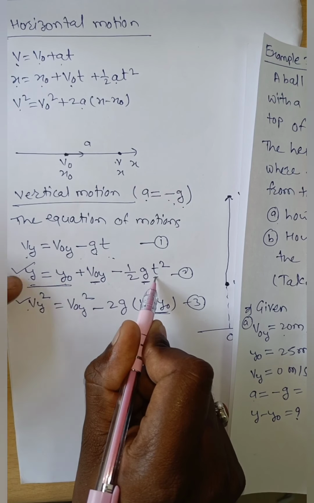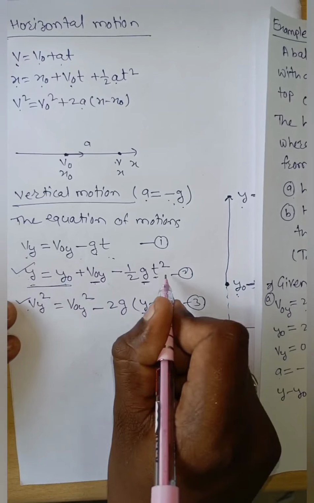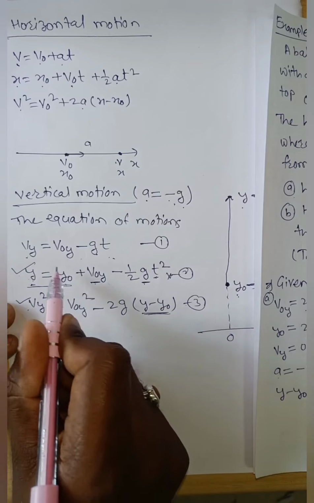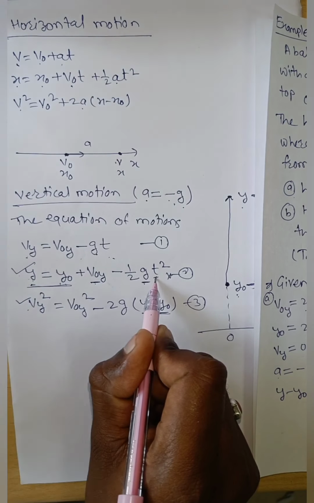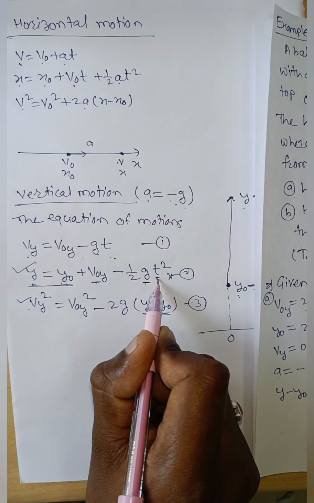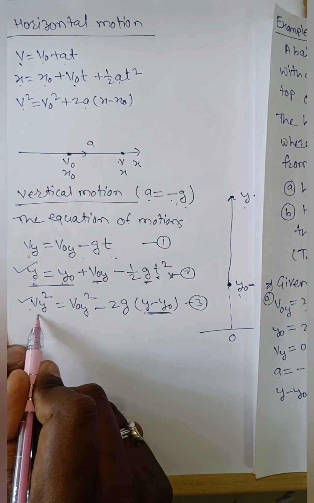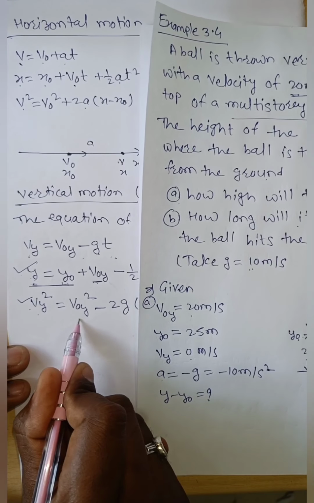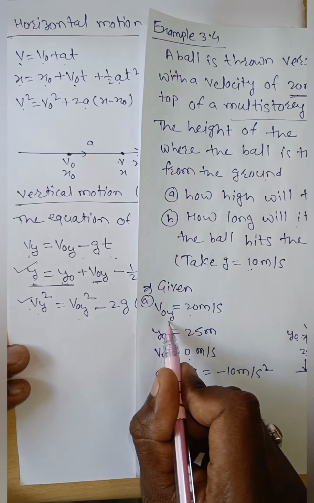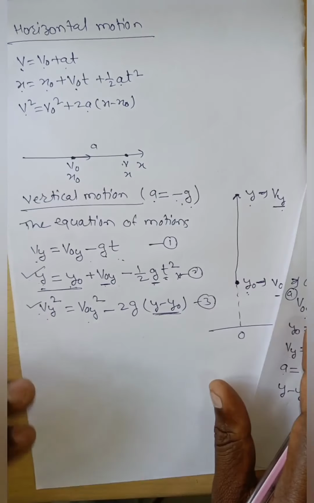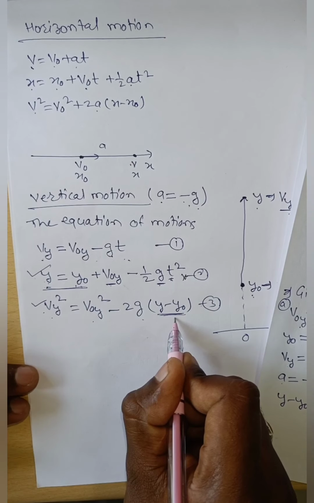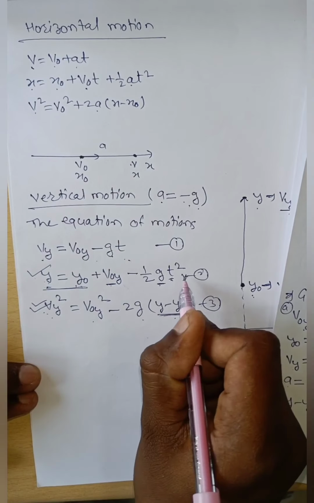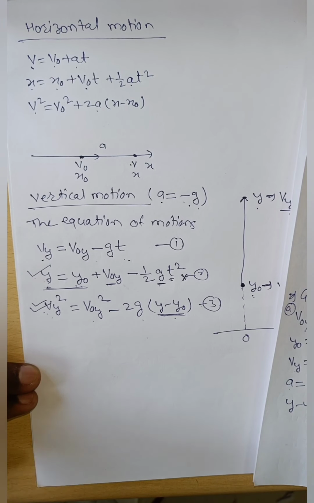So there will be two unknowns, y minus y naught and t, therefore we can't use this formula. But see here, the final velocity vy is given, v naught y is also given as 20 meters per second, and g is given, so we can easily find y minus y naught. Therefore we use this kinematic equation.